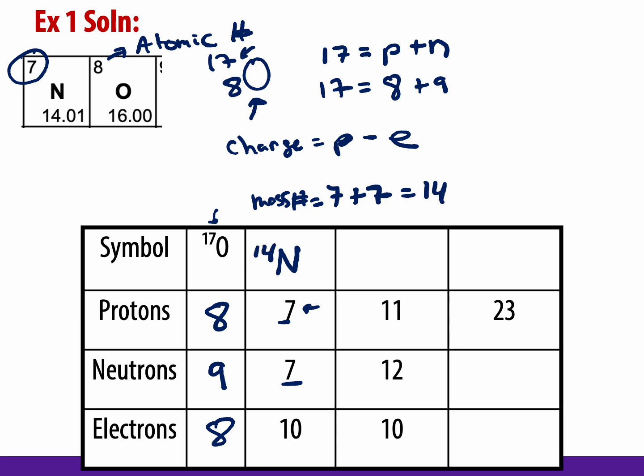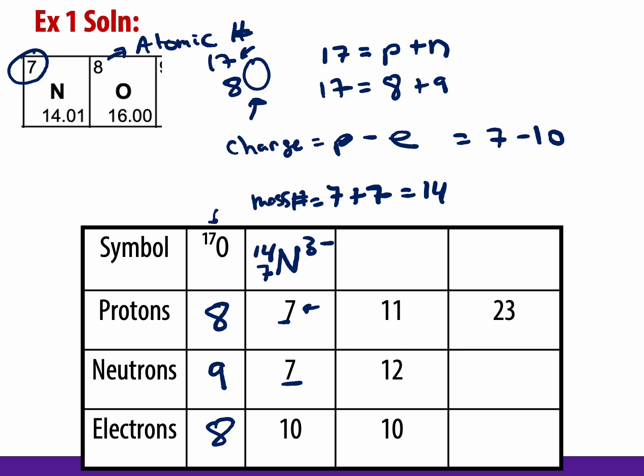We could put the number of protons, 7, as a subscript there if we wanted. That's up to us. Maybe I'll do that here just for convenience. And then the charge, protons minus electrons, is equal to 7 protons minus 10 electrons, which gives me a 3 minus, or negative 3, charge. More electrons makes the atom more negative. Sometimes people get that flipped.